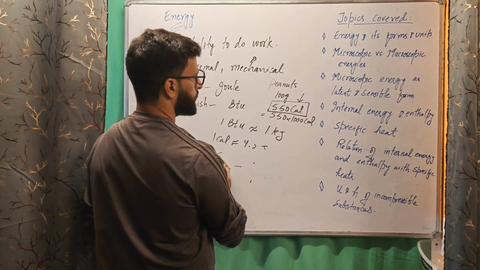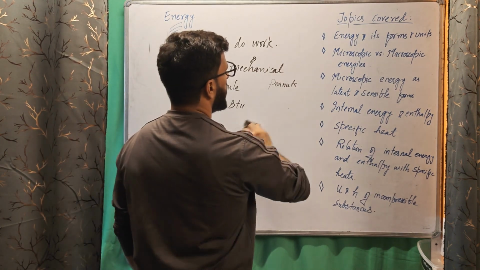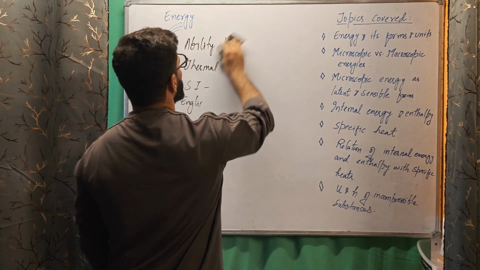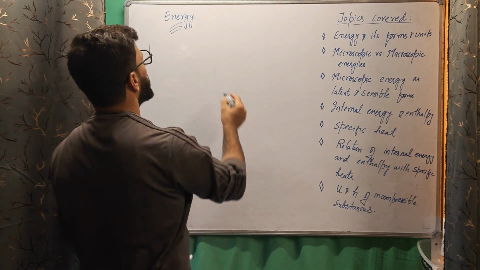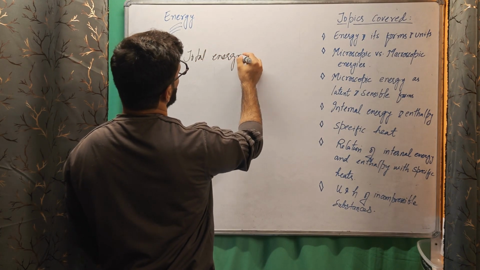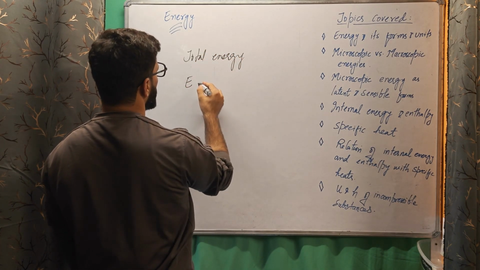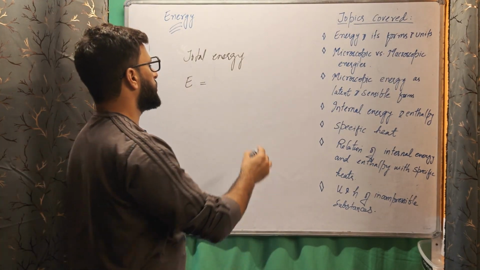Now, microscopic and macroscopic forms of energies. A system has many forms of energies, and the sum of all energies of a system is called the total energy of the system. So the total energy of a system, E, is equal to the sum of all forms of energy that a system possesses.